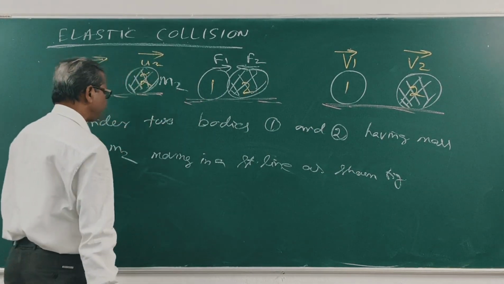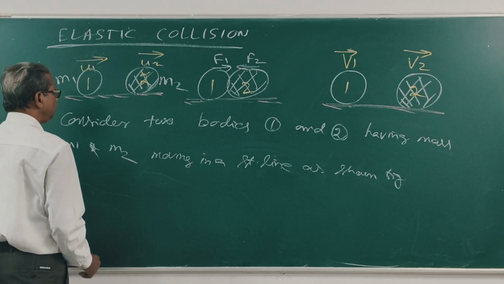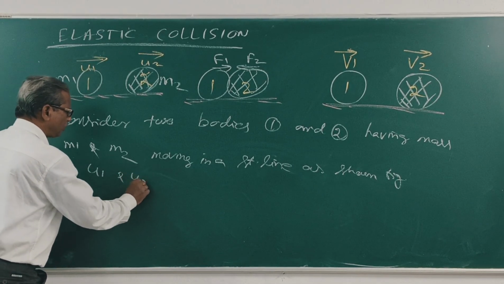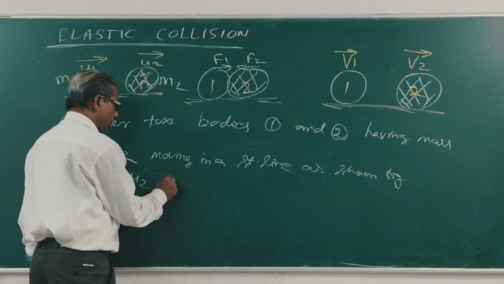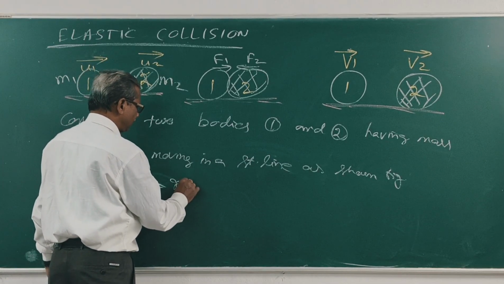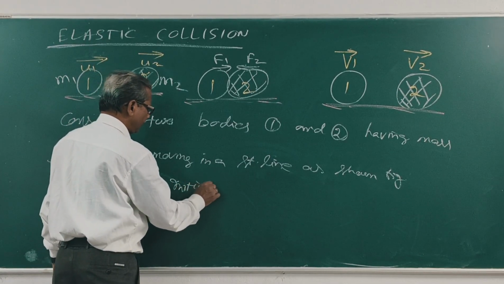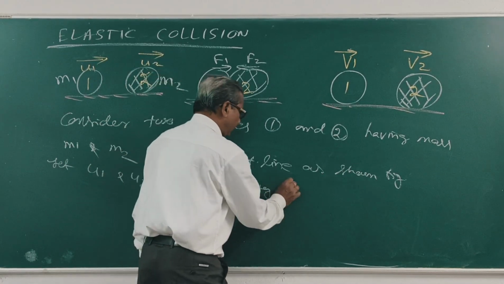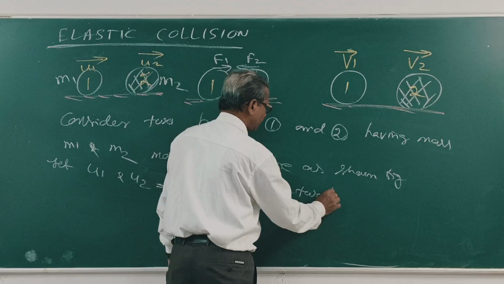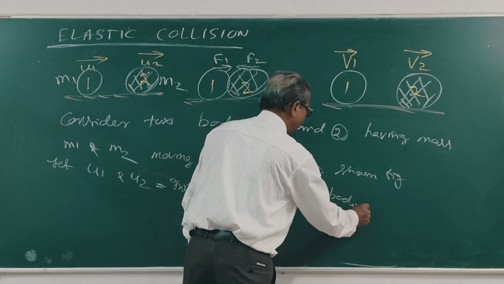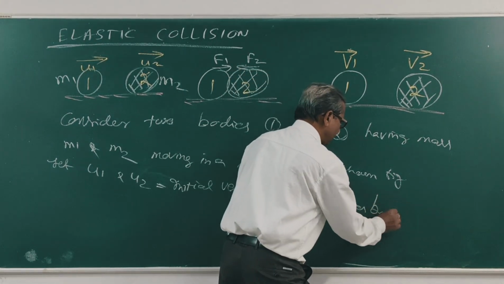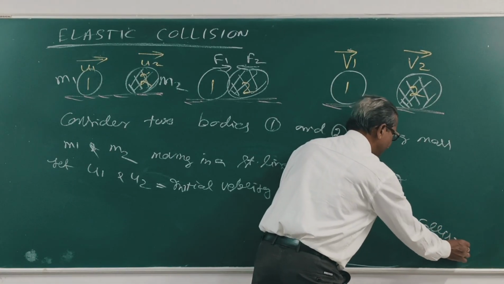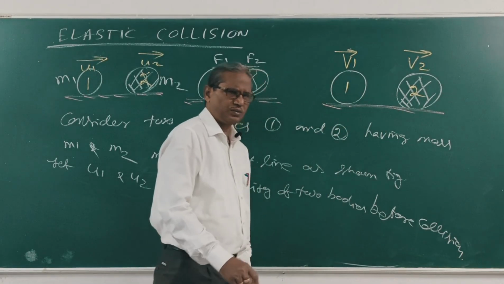Let u1 and u2 be the initial velocities of the two bodies before collision.